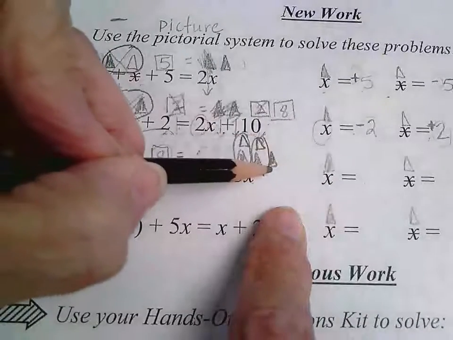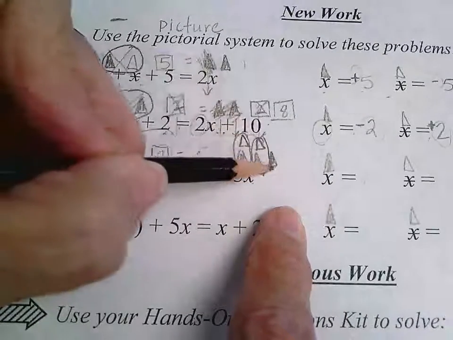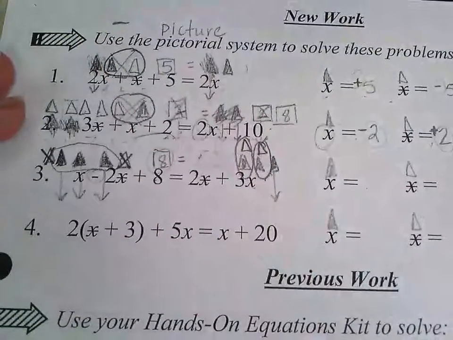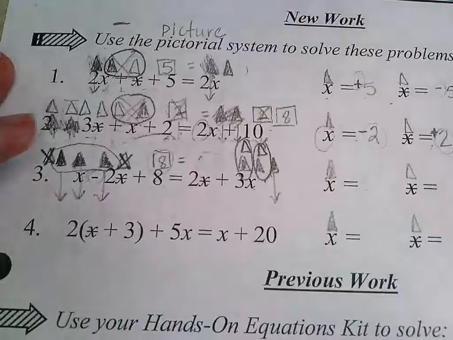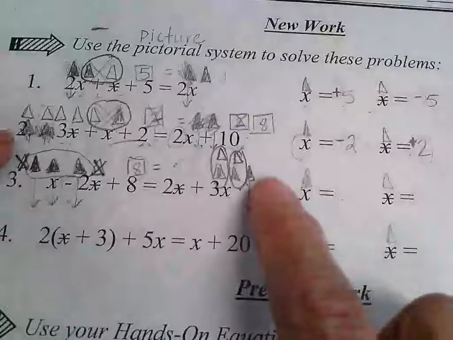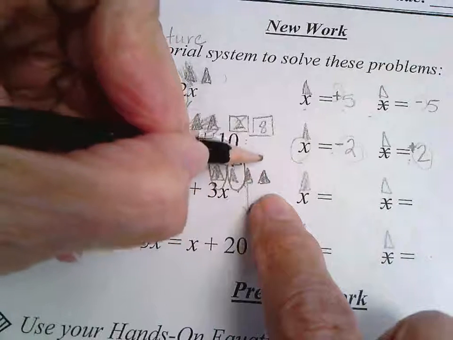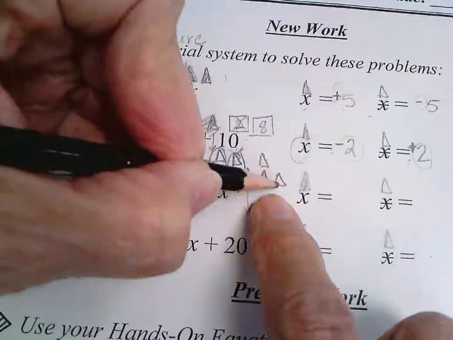But if I pull down 3 on this side, I have to pull down 3 on this side. And so far I've only got 1 right there. So I'm going to have to add more 0 pairs. So here's a 0 pair, and here's a 0 pair.